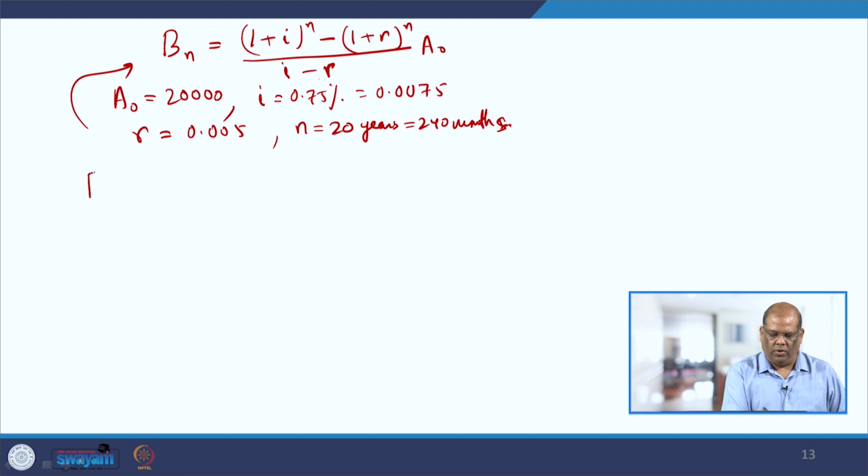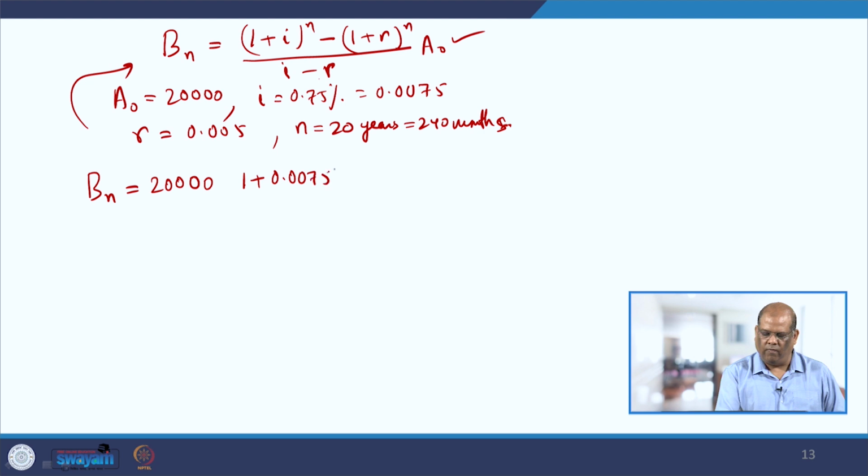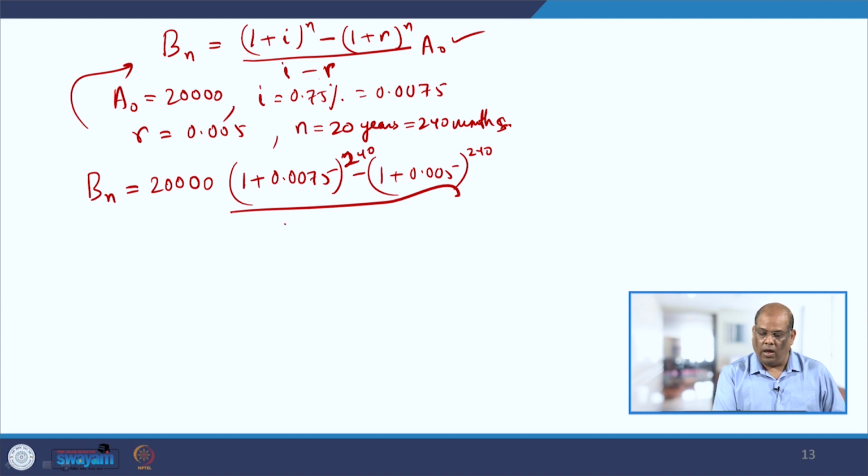So if I substitute, Bn will be equal to 20,000 for this A0, then [(1.0075)ⁿ minus (1.005)ⁿ], where n is 240 in this case, divided by i, which is 0.0075, minus r, 0.005.